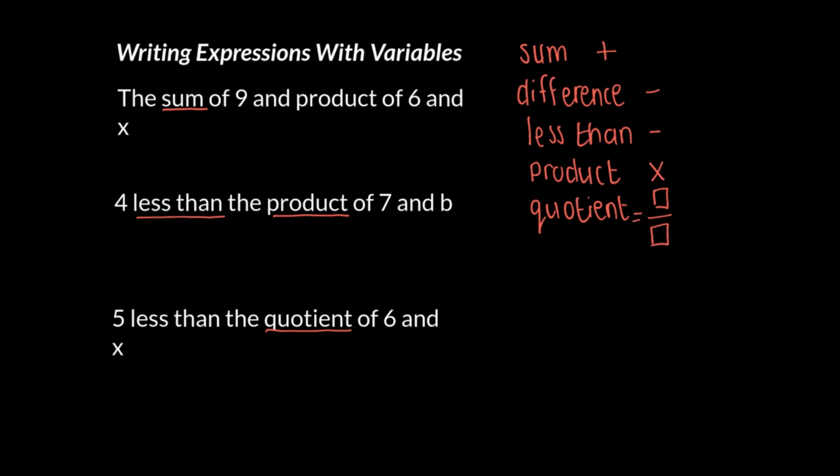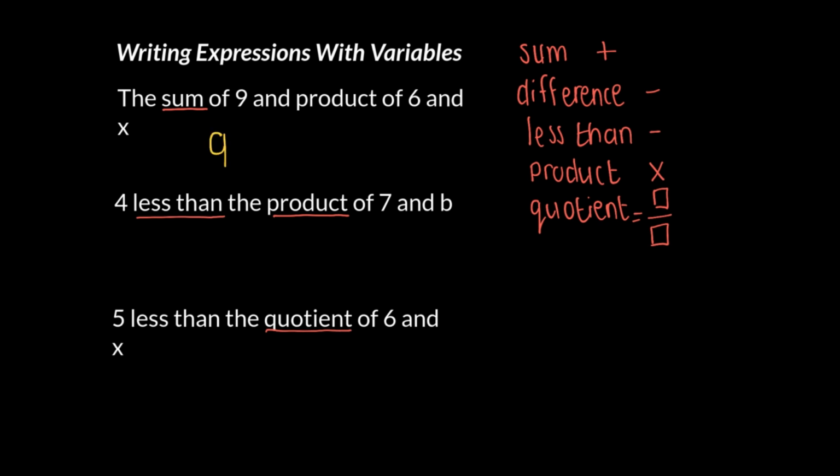So we're going to be looking at all of these in terms of the three questions we have here. I will get to your question, but we're just going to look at these first. Okay, so let's dive right into it. The sum of 9 and product of 6 and x. So we know the sum of, we're going to be looking at addition. So we're going to have 9 plus something.